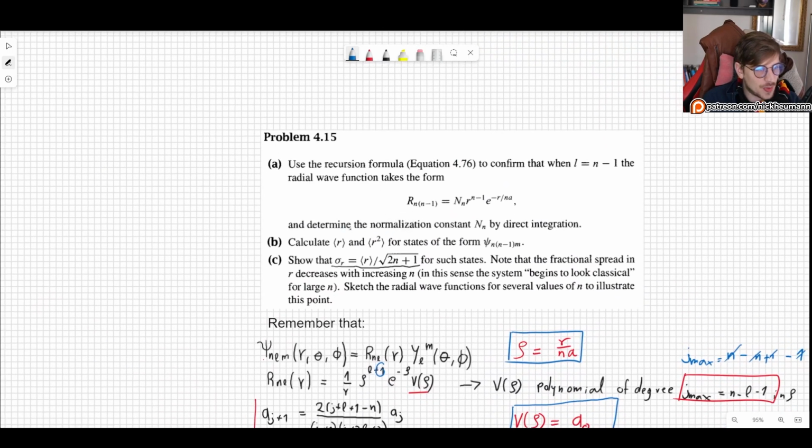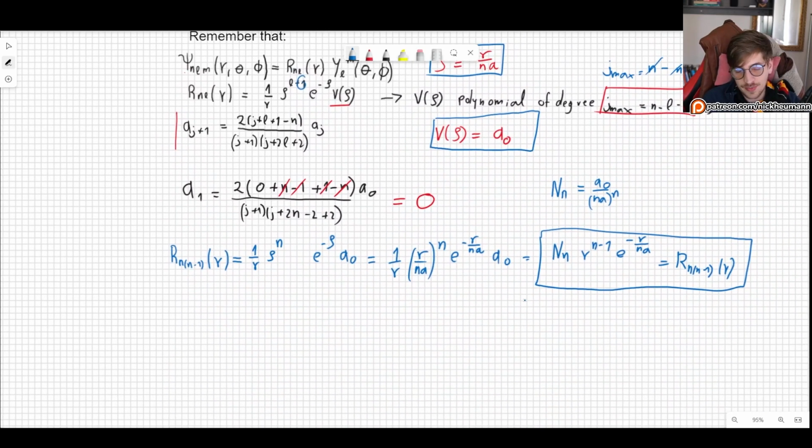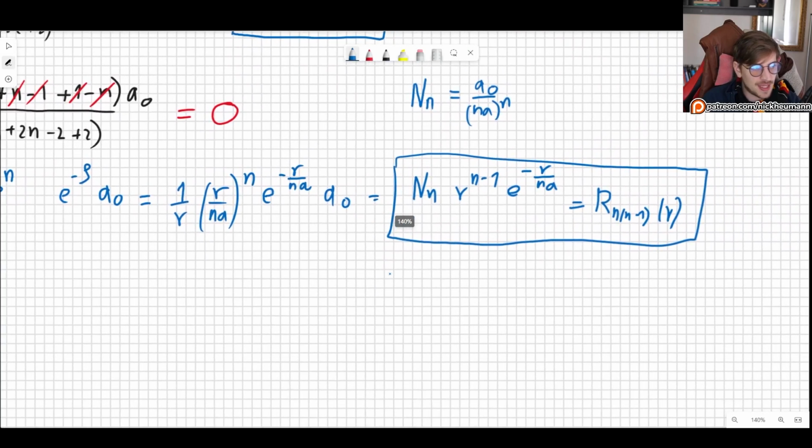But now we still want to determine this normalization constant. And they told us to do it by direct integration. So that's pretty straightforward. Again, try to do it yourself before you watch the video. So what this means is we have to say, okay, 1 has to be equal to the integral over all of space of our wave function.